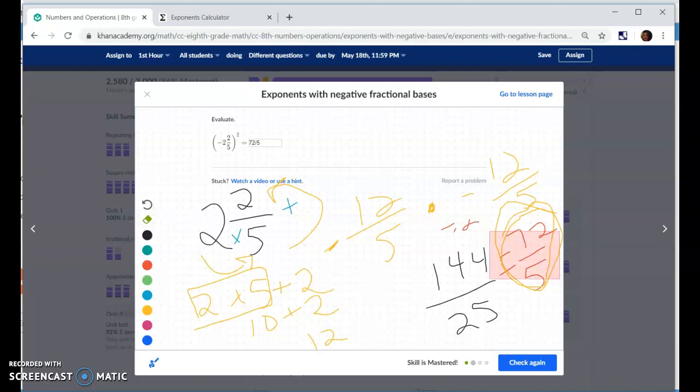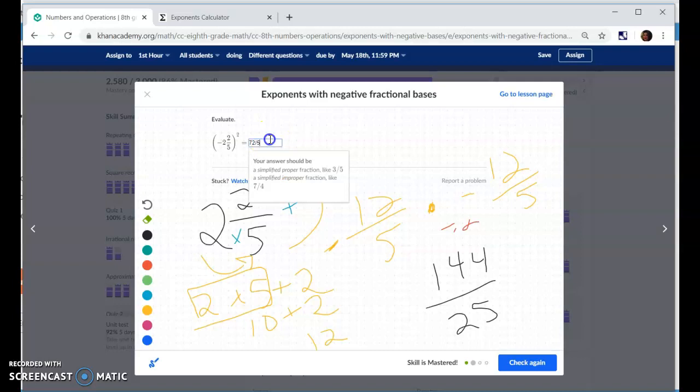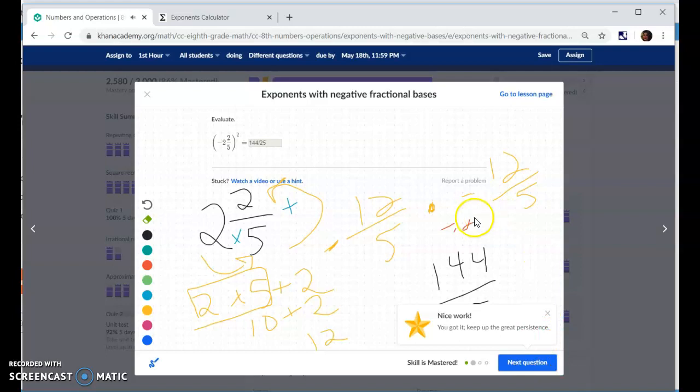My apologies here. Does this reduce down anymore? 144 to 25? I don't think so. Alright, so 144 25ths. Let's see if I got it right this time. Okay, so what did I do wrong there? I added the 5s in the denominator instead of multiplying them. Silly mistake, but I did go back and I saw that I made my mistake.